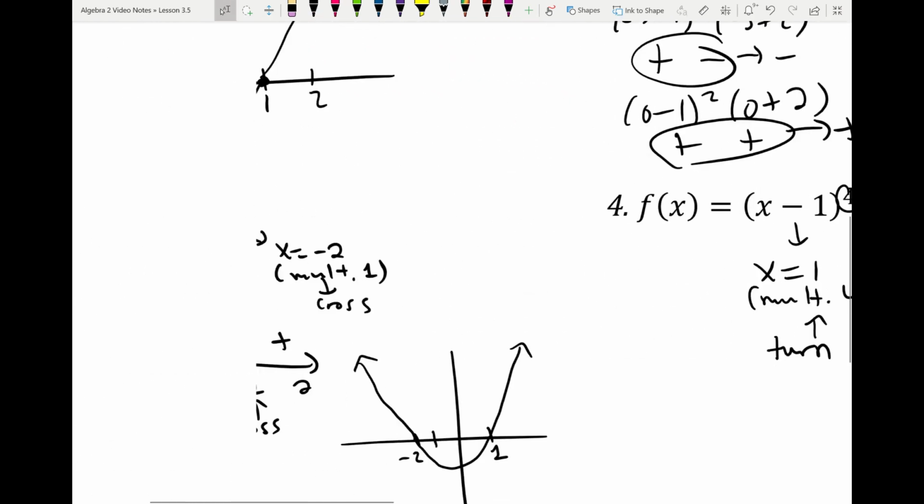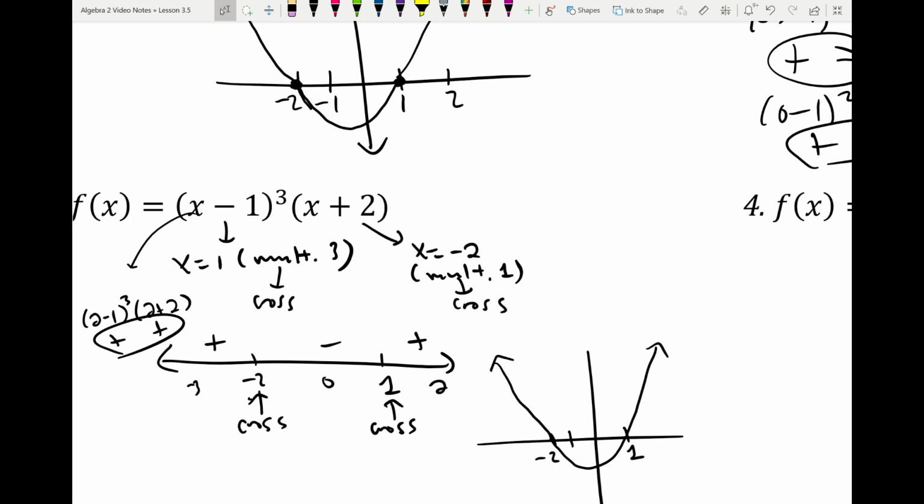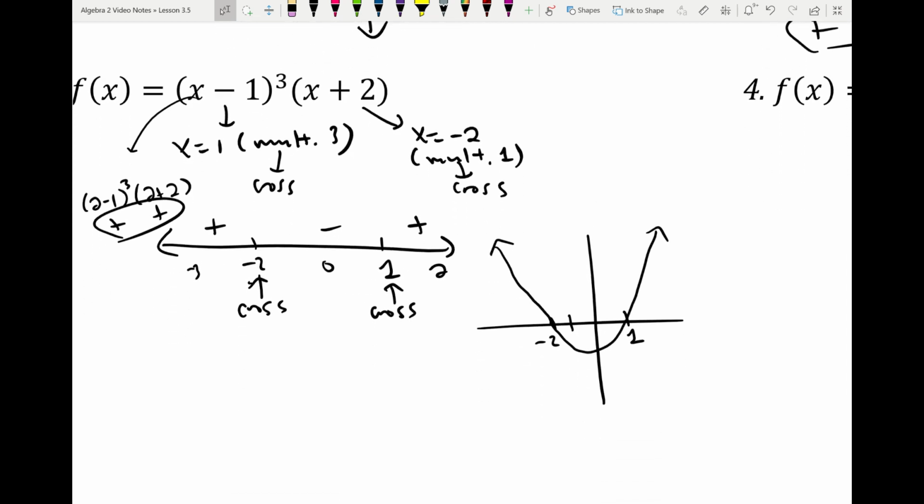Oh, also I'll make a note here that technically if it's odd and it's a 3, it crosses, but it does some kind of a wiggle pattern. I forgot to let you know that.